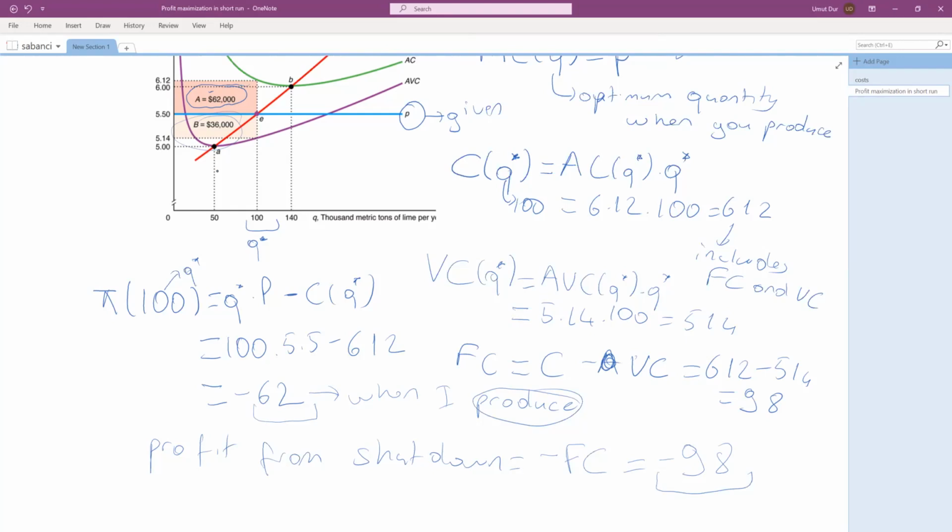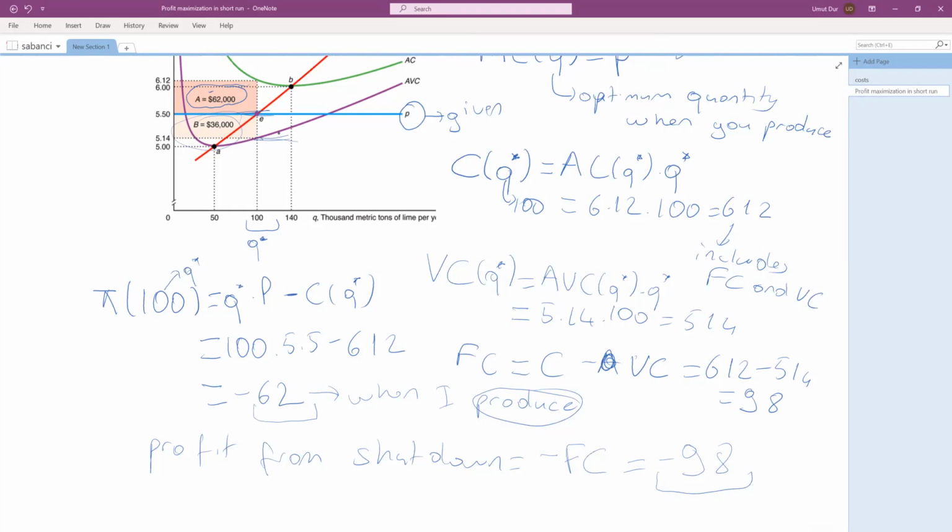How do I know that? Because the price that I am charging, which is 5.5, is greater than the average variable cost for each product, which is 5.40.